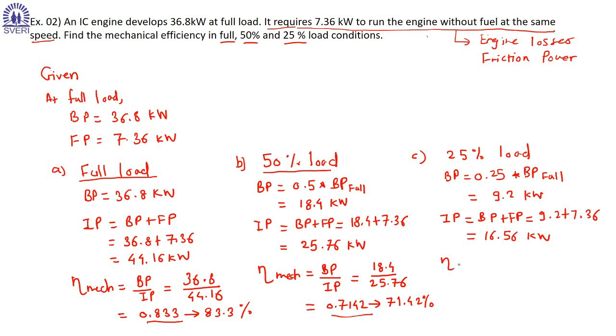Now we'll calculate the mechanical efficiency equal to brake power divided by indicated power. So equal to 9.2 divided by 16.56. So this is equal to 0.555 or 55.5% efficiency. Again, the efficiency decreases from 0.7142 to 0.555. So these were the three cases: full load condition, 50% load, and 25% load.